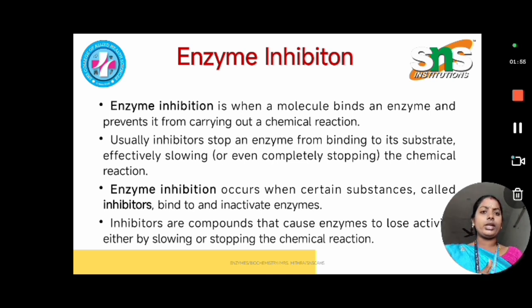Inhibitors stop the enzyme binding to the substrate and effectively slow or even stop the chemical reaction. Enzyme inhibition occurs when certain substances called inhibitors bind and inactivate the enzymes. Inhibitors are compounds that cause the enzymes to lose activity by either slowing down or stopping the chemical reaction.